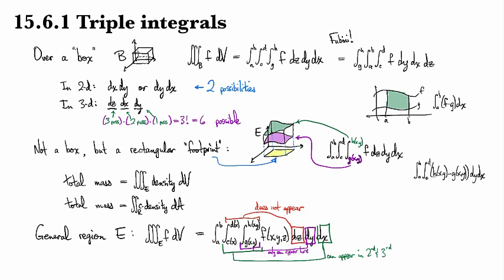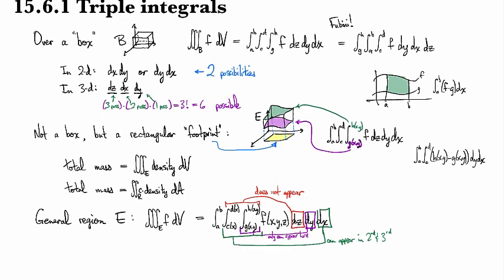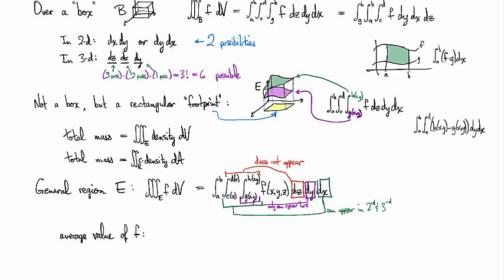The last analogy I want to make with lower dimensional integrals is that if we are looking at the average value of some function f, then for one dimension it looks like 1 over the length of the interval times the integral from a to b of f dx.